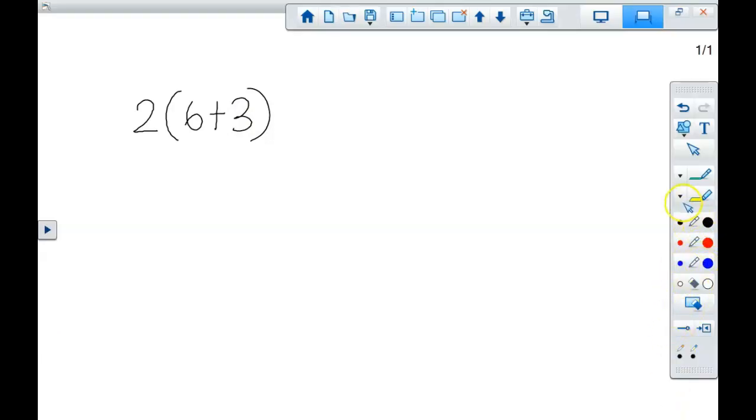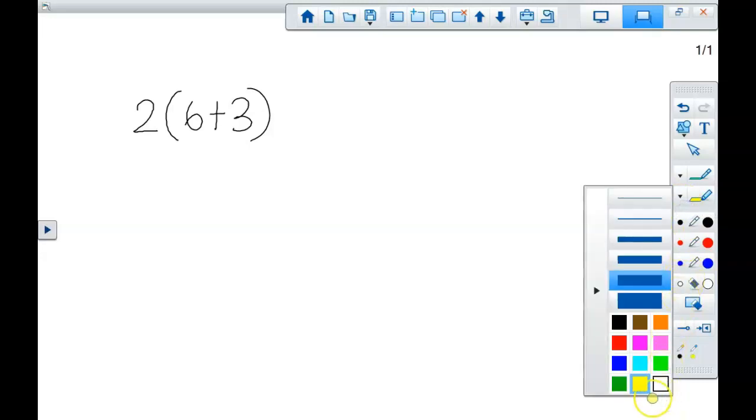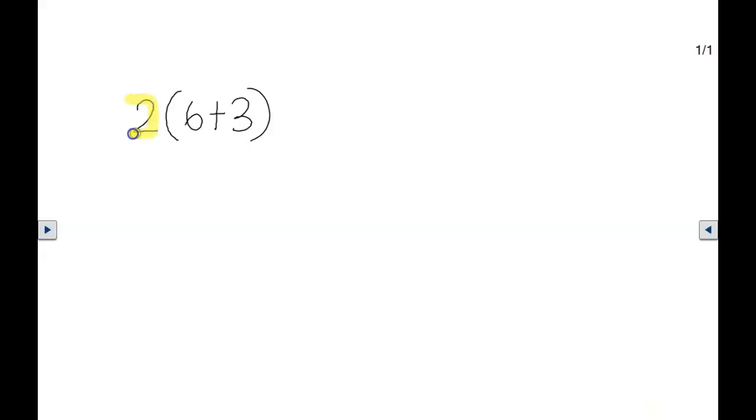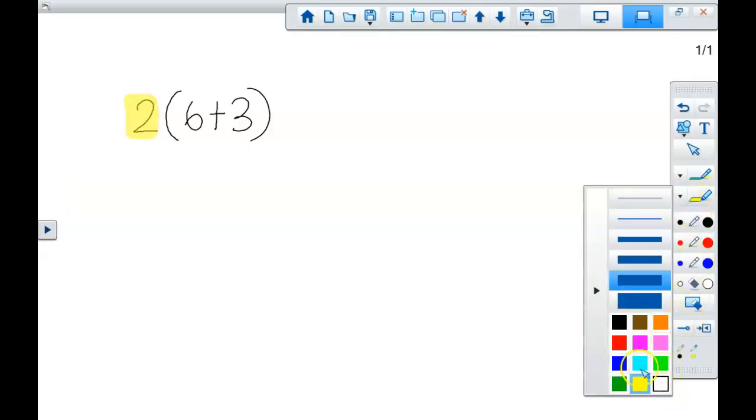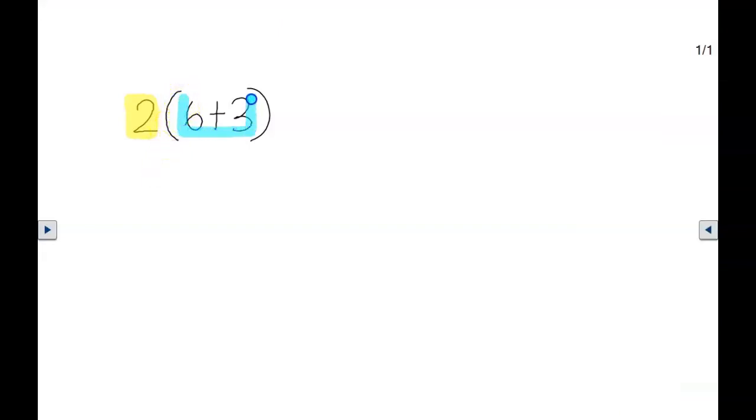Now, here's what I want you to notice. This problem says that we want to take the number 2 and we want to multiply that number 2 times the entire group 6 plus 3.